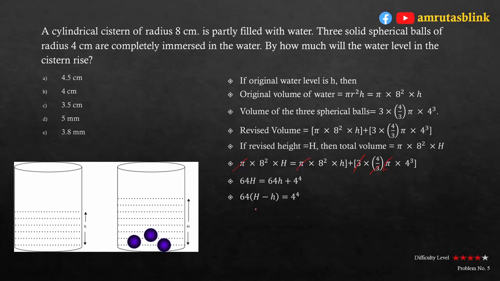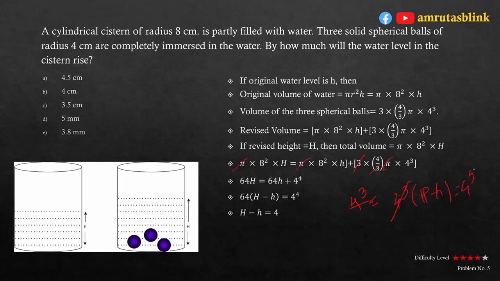So 64 into capital H minus small h is equal to 4 raised to 4. Now we know that 64 is 4 cube, hence we can say that 4 cube into H minus h is equal to 4 raised to 4.